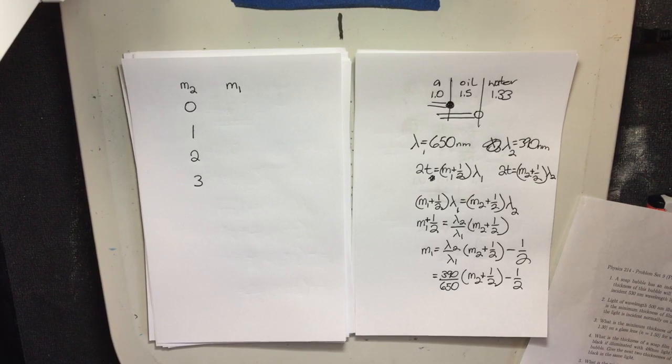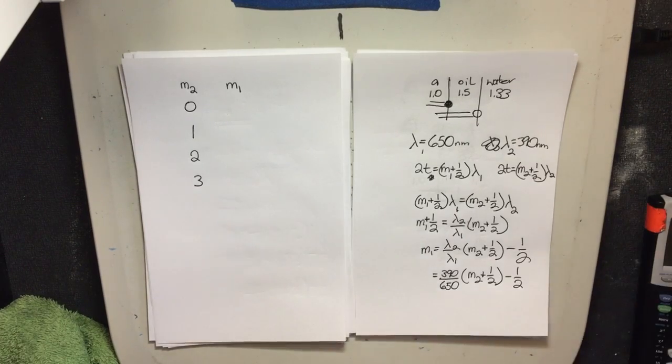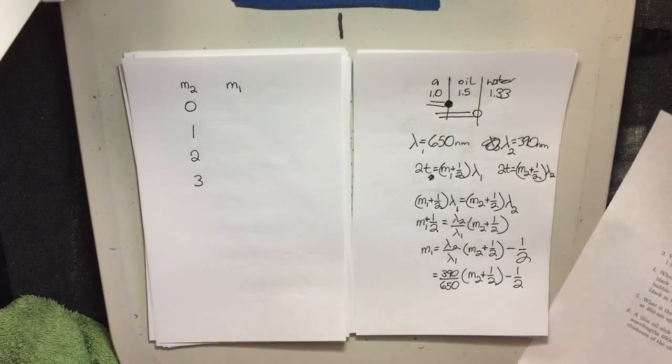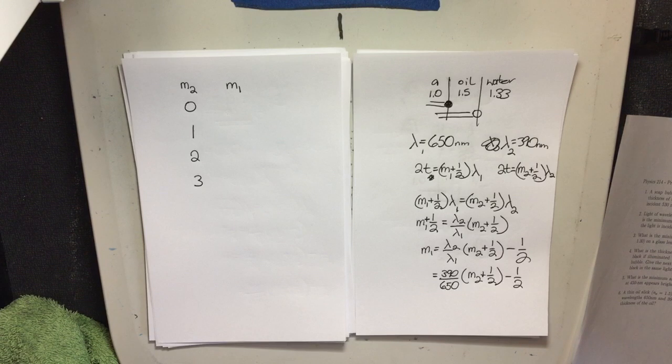The first time you get an integer, that's the guy you want. When I initially did this, I would end up with M2s of like 35, which means you'd have to sit there and compute it 35 times. No, I'm not doing that. On the test, at worst, it will be like 4 or 5 times.